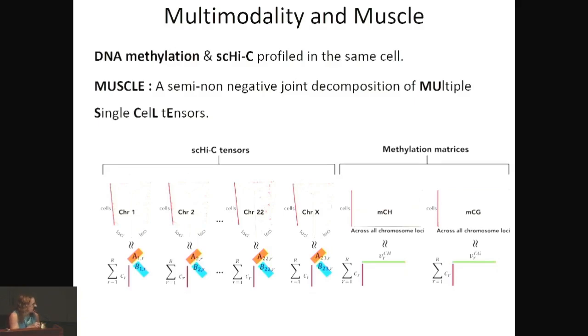We add the methylation data as, for each, R modules. Again, the cell loading is common across data types and also chromosomes. And then we have a loci loading for methylation that delineates the methylation profile along the genome, or whatever your experimental unit is here.